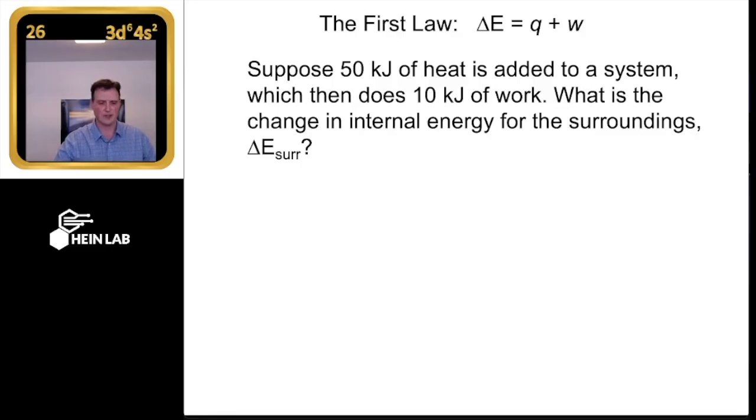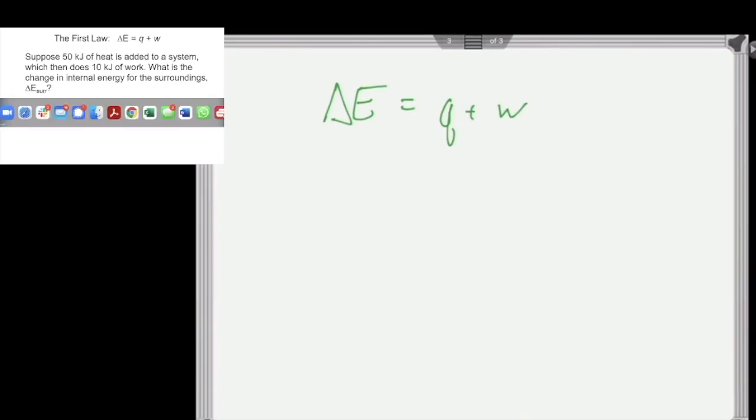Remember, the total delta E is equal to Q plus W. What's the value, first of all, for Q? At least with respect to what? Heat is added to a system, right?